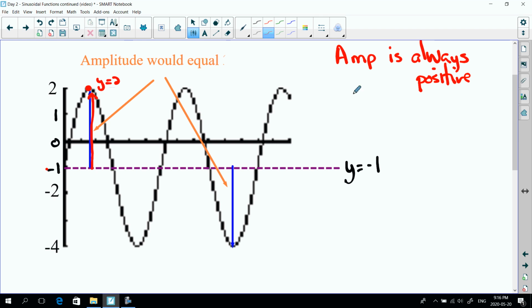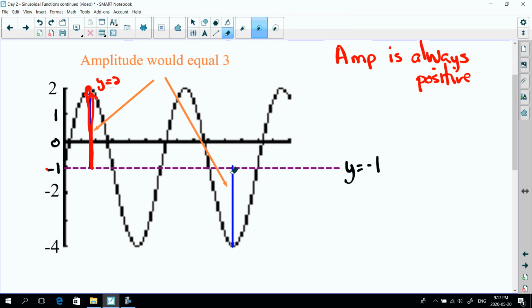My sinusoidal axis is still at y equals -1. The amplitude is the vertical distance from the sinusoidal axis to that local maximum. How many units did I move up? I went from -1 to +2. I went up 1, 2, 3 units. The amplitude would equal 3 in this particular case.